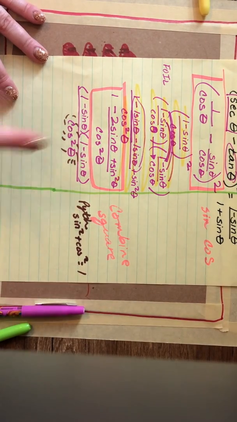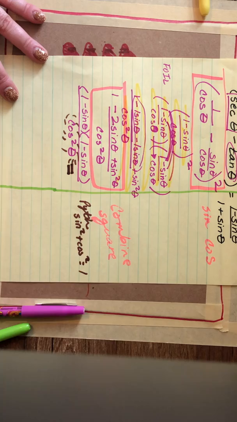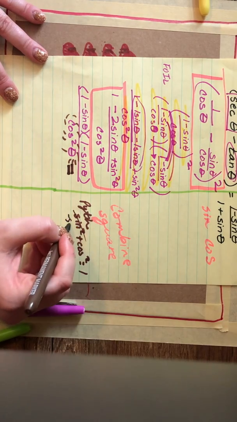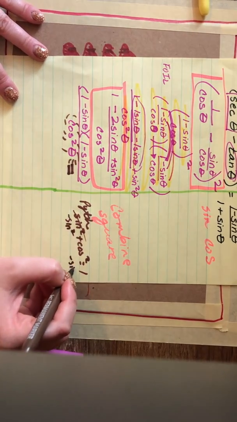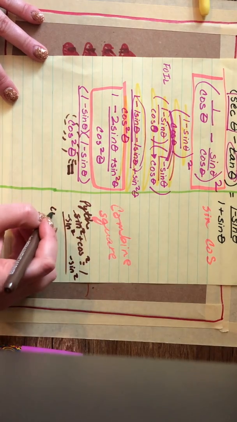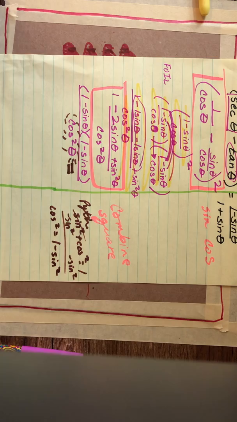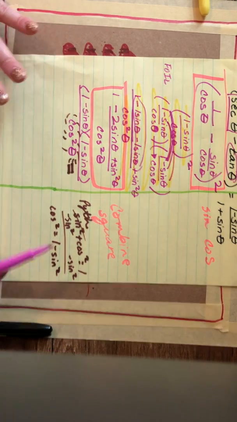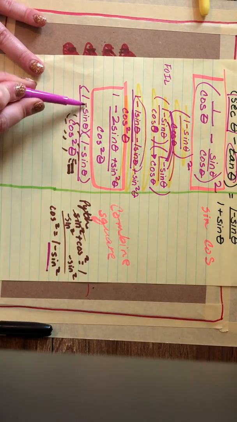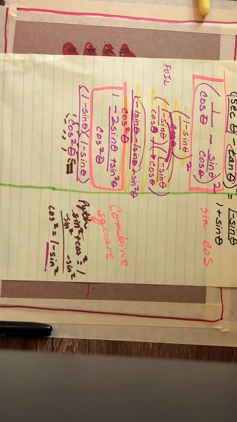And if I want to find just what cosine squared is equal to, then I subtract over the sine squared. And we get cosine squared equals 1 minus sine squared. Hey, if I have this, then somehow it might cancel with what's up here on the top.